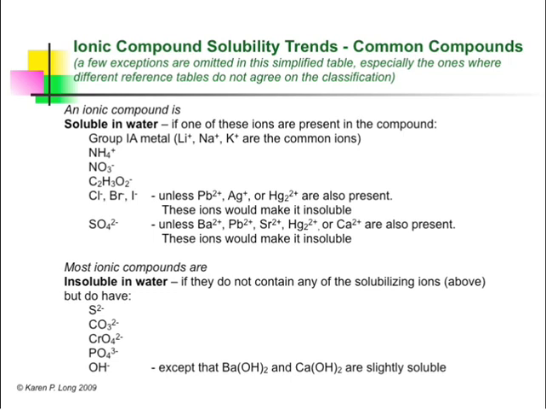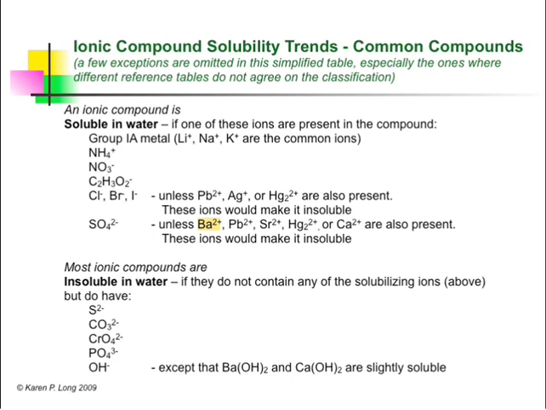So anything with potassium, sodium, lithium, or ammonium as the plus ion is water soluble. Anything with nitrate or acetate ion is water soluble. If it has chloride, bromide, iodide, or sulfate, solubility depends on what other ions are present. For example, iron 2 sulfate is soluble. Barium sulfate is not soluble.